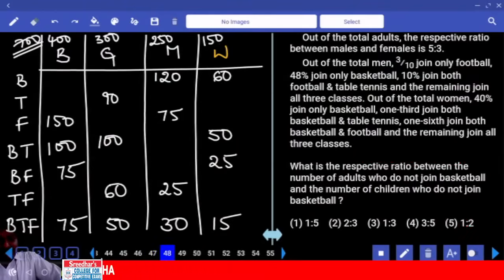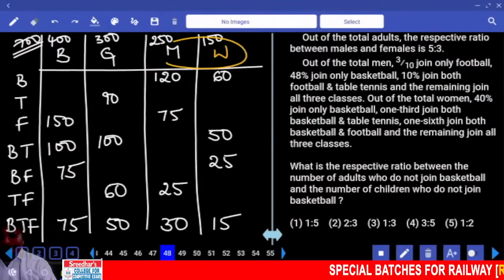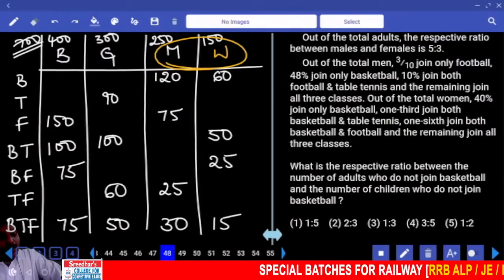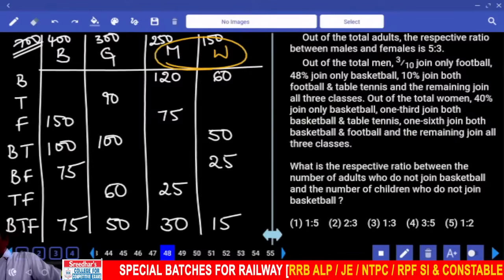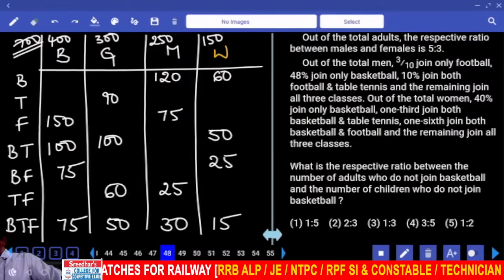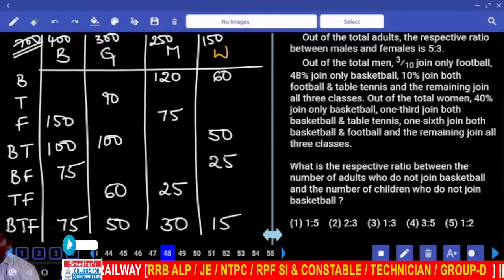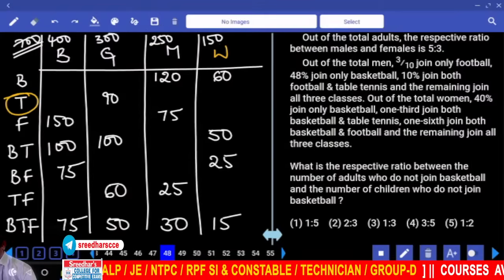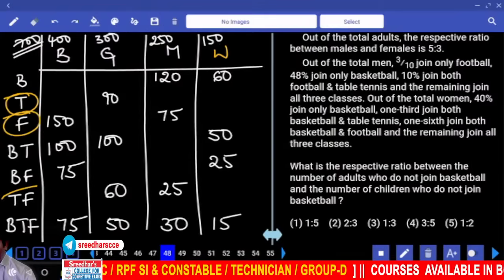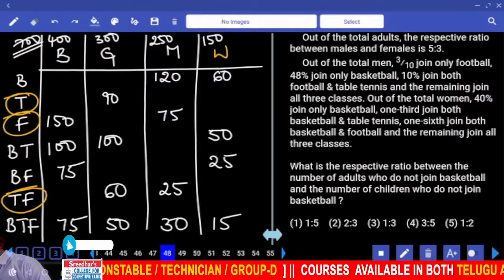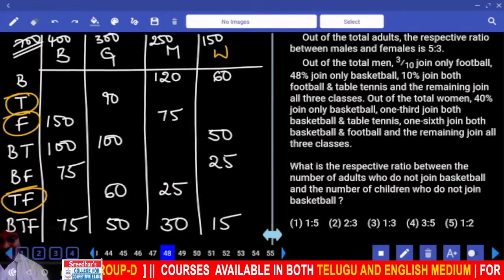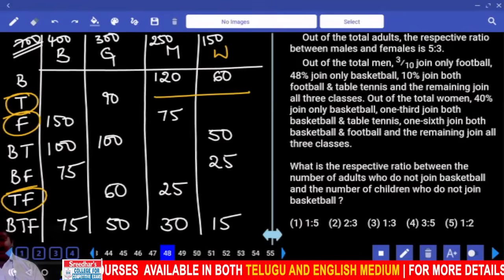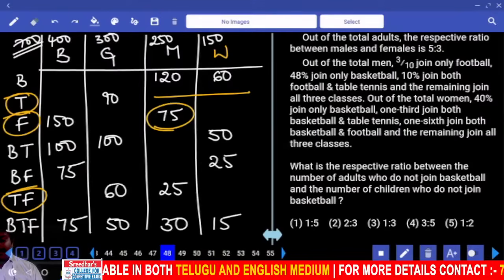What is the respective ratio between number of adults, meaning men and women who do not join basketball, and children who do not join basketball? Not joining basketball will have only 3 categories: only table tennis, only football, table tennis and football. So now this is about children and adults. Adults, no table tennis, only football, 75.